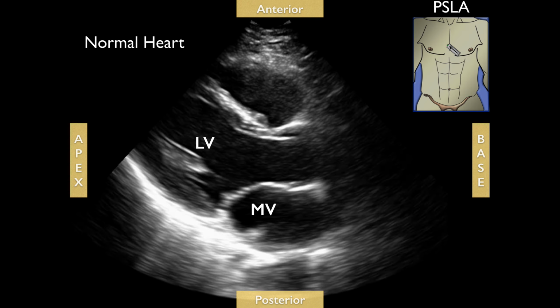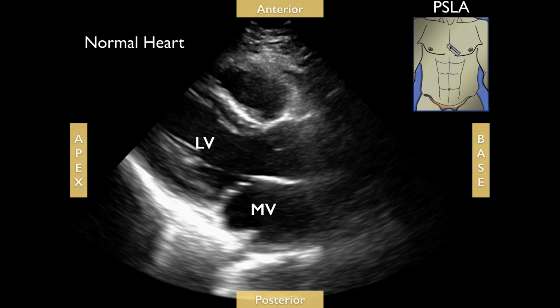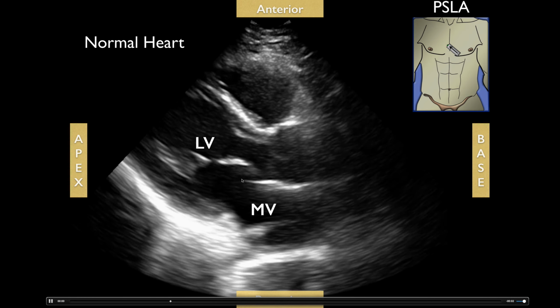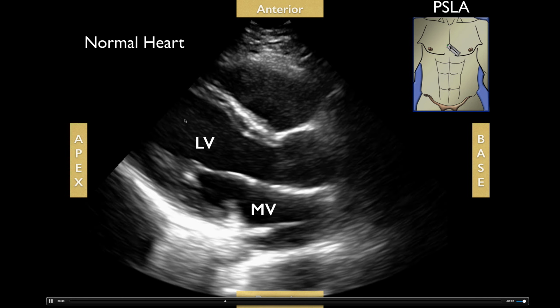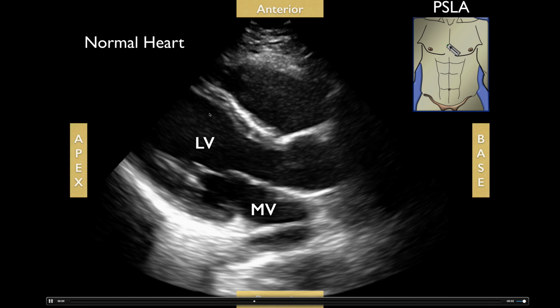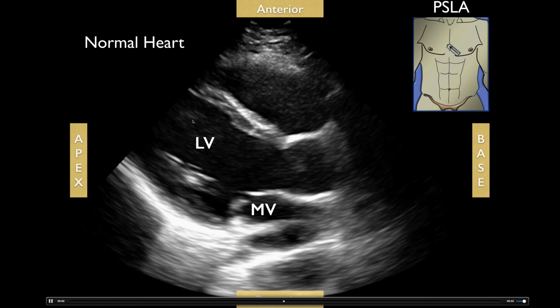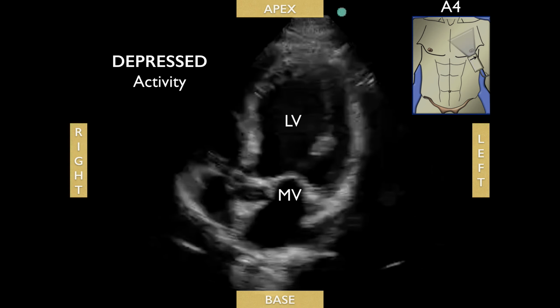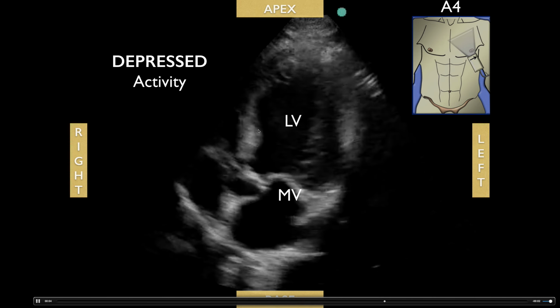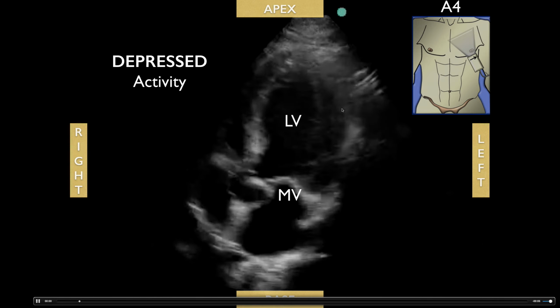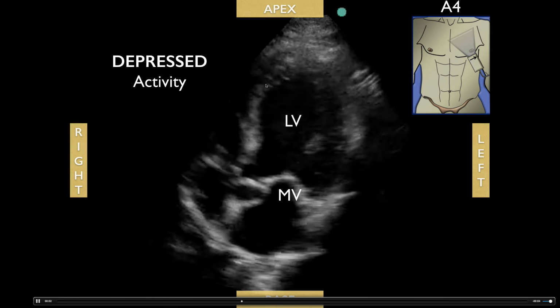Estimating ejection fraction. So here's a normal heart, and you can see the mitral valve is almost hitting the septum, and the left ventricle walls are contracting really well and almost touching each other. Compare that to a patient. This is an apical four-chamber view. This patient has depressed activity, probably moderate to severely depressed, but probably more on the moderate side.